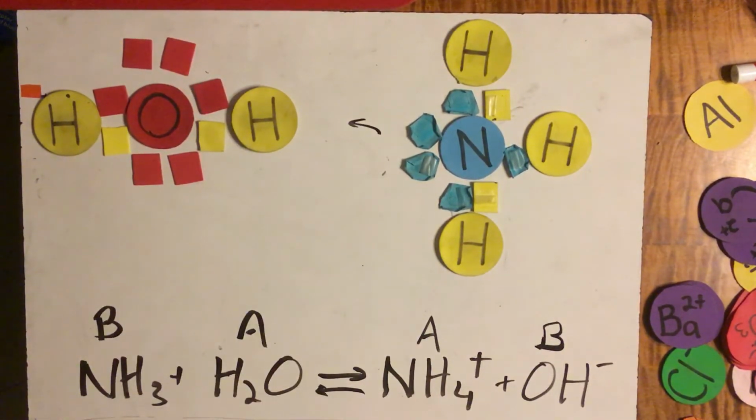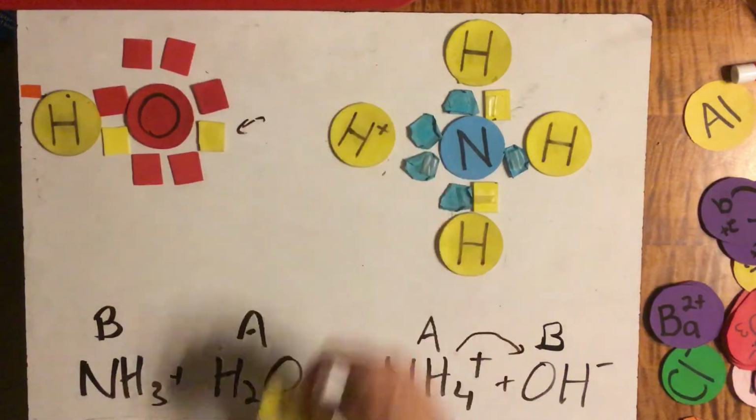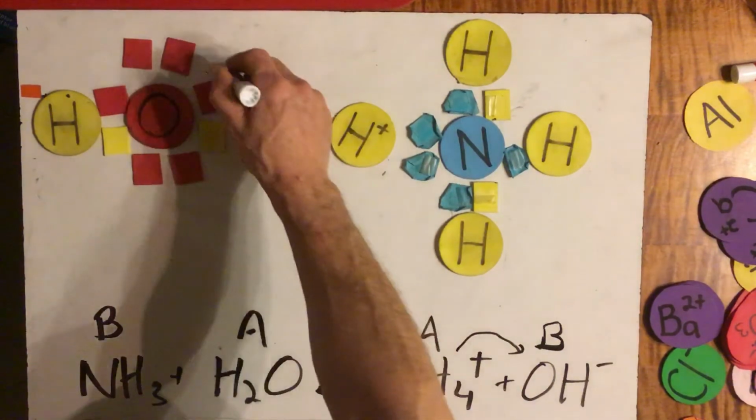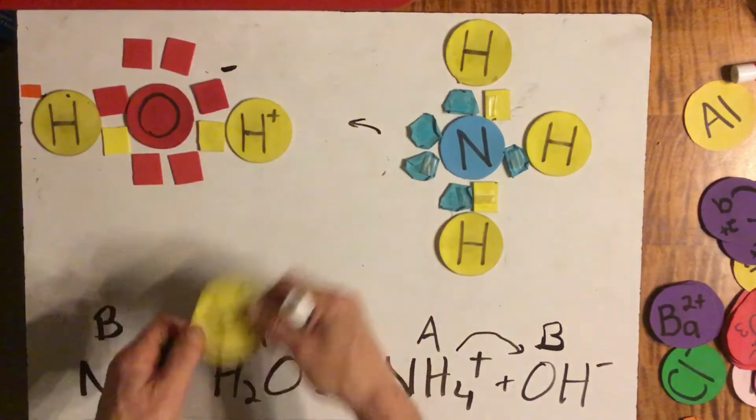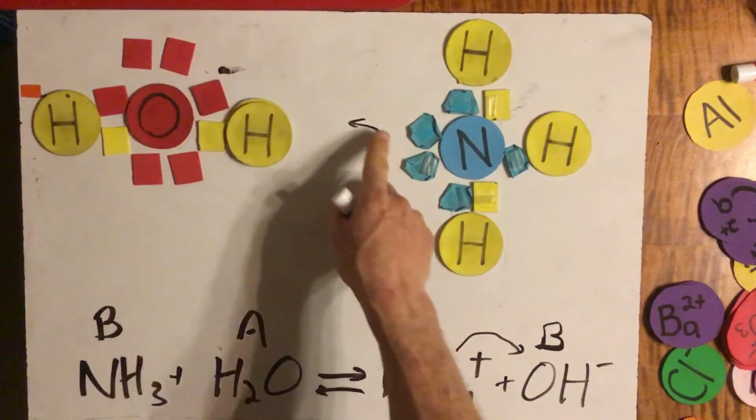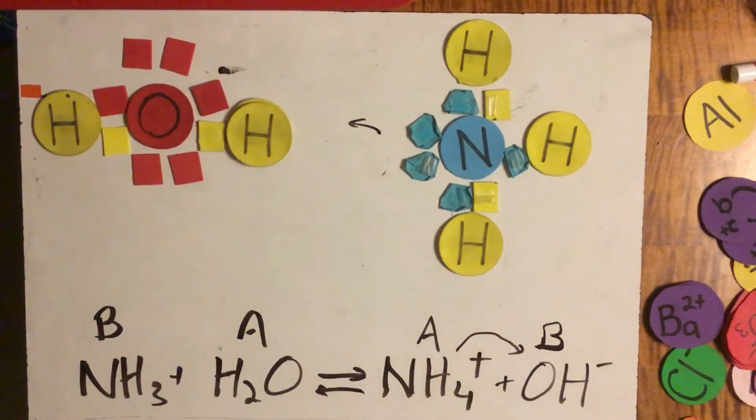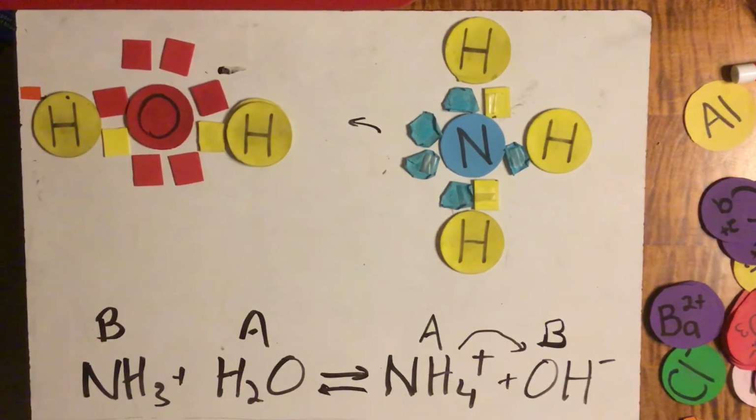All right? If we wanted to diagram the reverse reaction, we would show the proton going from ammonium to hydroxide. So again, if this were still hydroxide, the H plus would go over here, the charges would cancel out, and that's passing a proton from ammonium to hydroxide. Right? What you'll notice is before and after the reaction, certain things look similar.